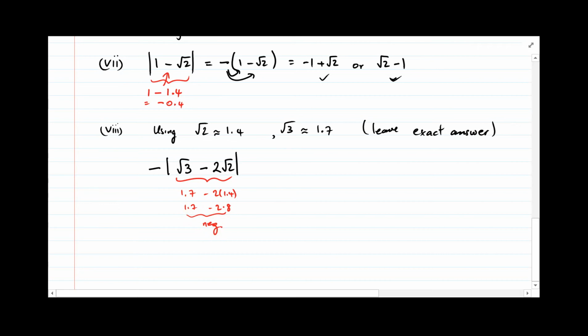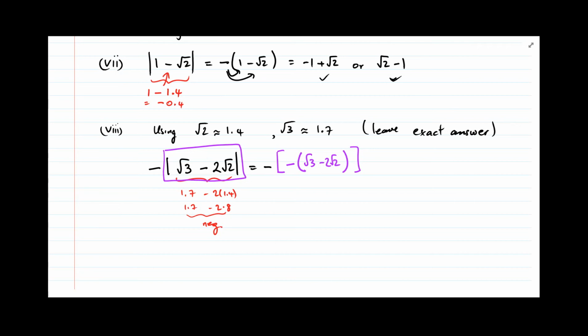So, writing back my minus sign, if I work on the absolute value part first, it would be negative of whatever is inside, root 3 minus 2 root 2. Okay, let's evaluate what is inside, or it's up to you.